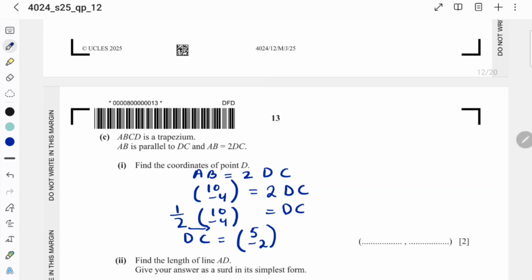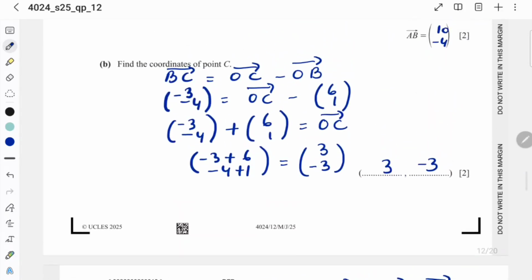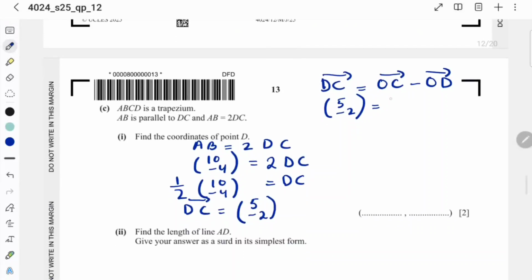All right, and they just ask us to find the coordinate of D. So DC will be equal to OC minus OD, the position vectors. DC we found is (5, -2), and C we have found above, which is (3, -3), and D is required there.